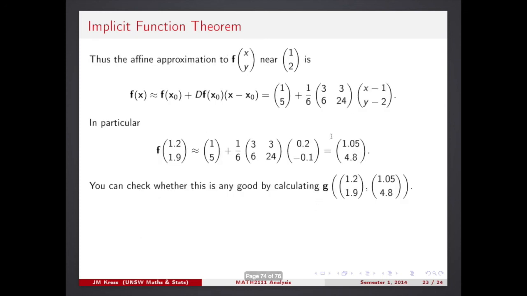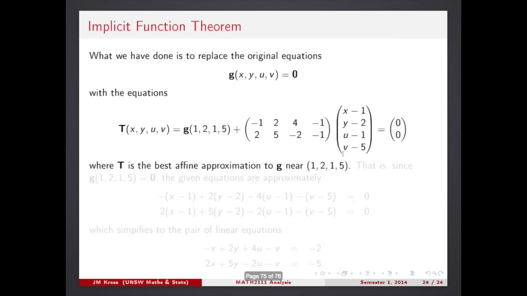This approximate value of u and v, near the solution to my system of equations, you can try to approximate differently. You can find the tangent subspace to the equation g(x, y, u, v) equals 0 in the other method.